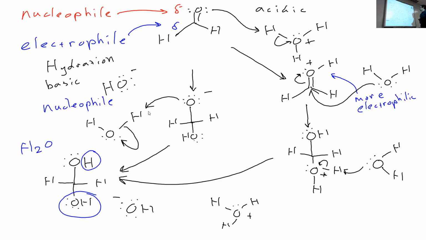here on the right, in both cases, we're attacking that electrophilic carbon with either our water or our hydroxide as our nucleophile. Right, so we'd have hydroxide coming in here and attacking, or on the acidic pathway, we'd have our water coming in and attacking over here on the other side.